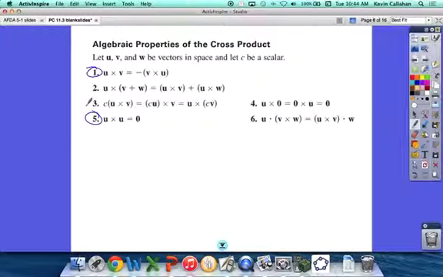What is the result of u dotted with v cross w? Is it a vector or a scalar? Well, in parentheses, when you do the cross product, the result is a vector. So now you're taking a dot product, and the result of a dot product is a scalar. So it's a scalar.